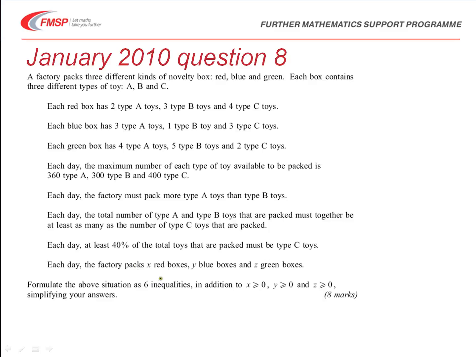Then we're told the variables: X is the number of red boxes being packed, Y blue boxes, and Z the number of green boxes. We've been asked to formulate the 6 inequalities, in addition to the ones you normally state about X, Y and Z each being greater than or equal to 0. So we're formulating the relevant inequalities in this problem.